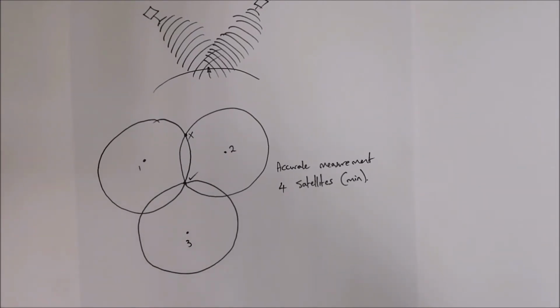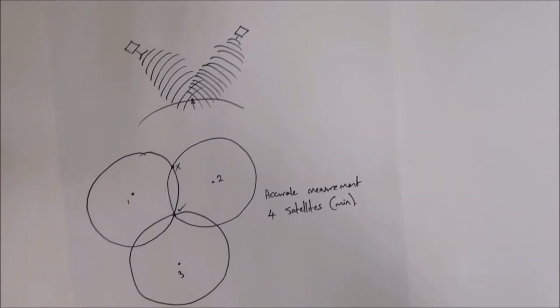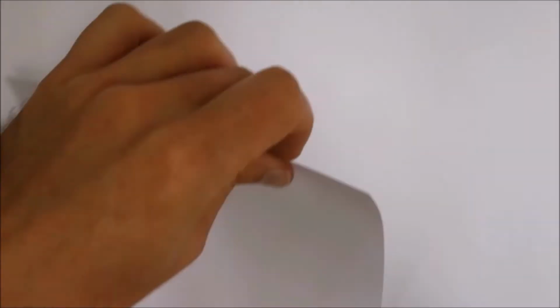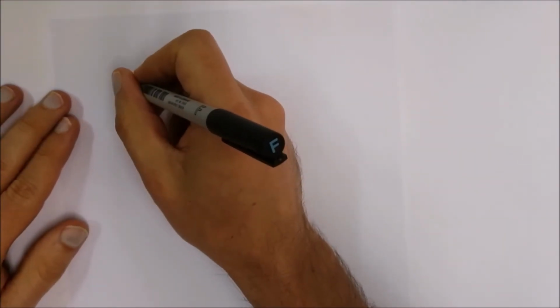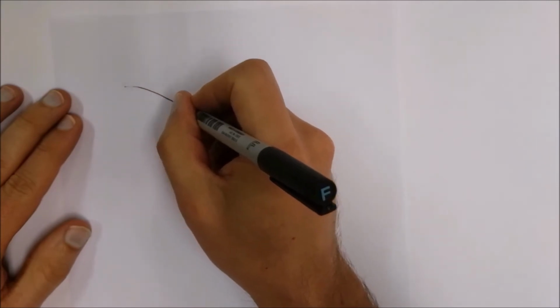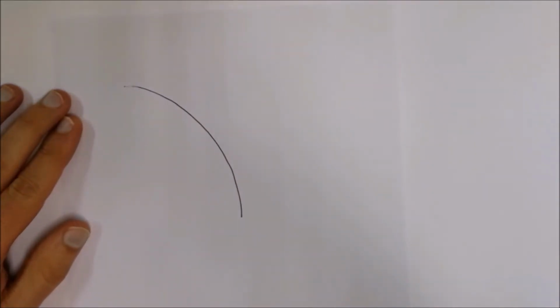Okay, now something also that's important with these satellites is if you look at these signals that are intercepting each other, if the satellites are very close to each other, so for example, we've got one satellite that is broadcasting a signal up to that point.